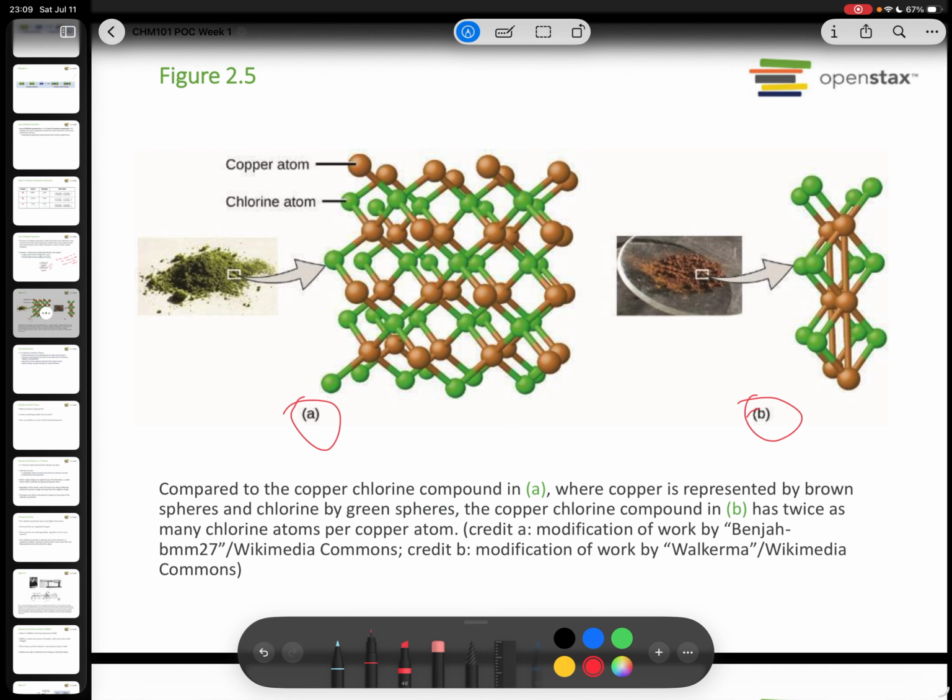So ito yung sa letter B. So the elements are the same, magkaparehas na chlorine at copper, but the ratios of atoms is different. Since atoms combine in whole numbers, the mass ratios also form small whole number relationships, as mentioned kanina.